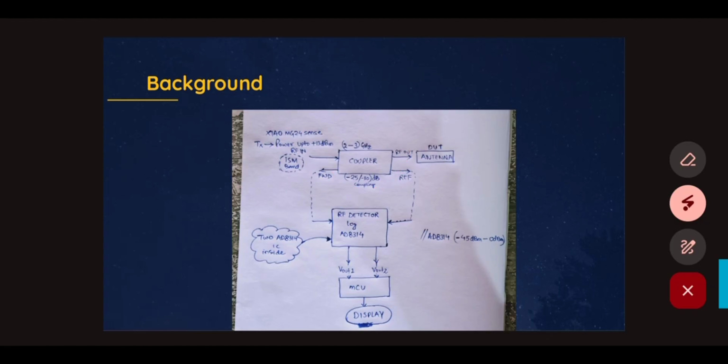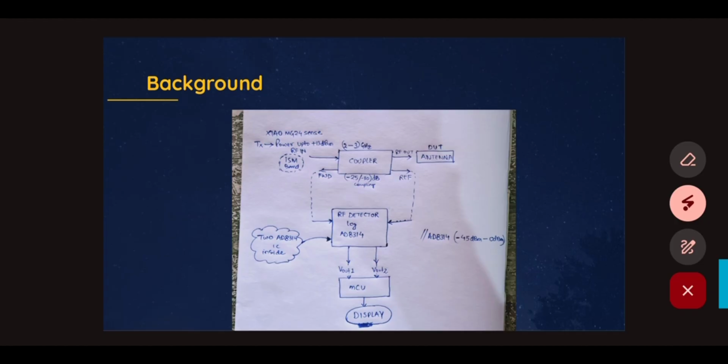If our antenna is not absorbing all the power from our transmitter, then there will be some reflection, and that is what we are studying: the reflected power, or the voltage standing wave.